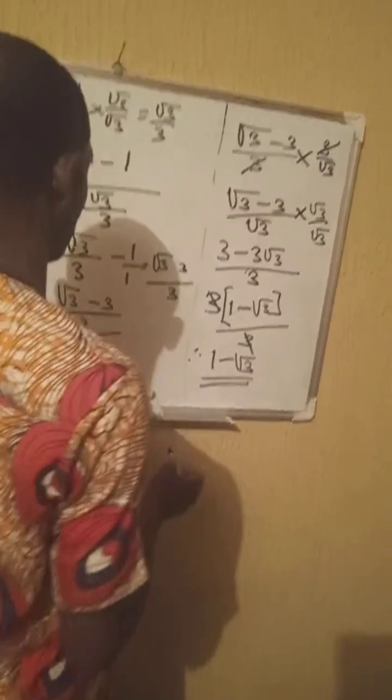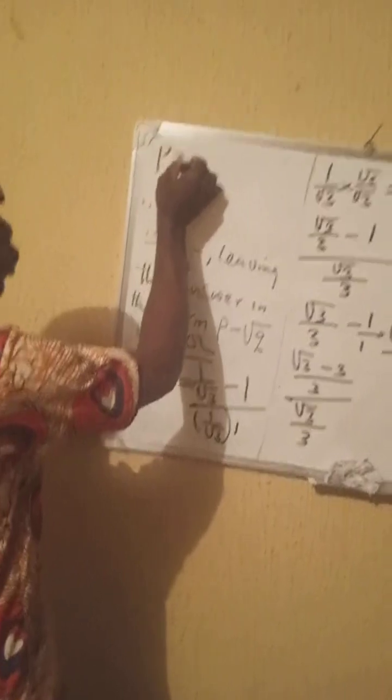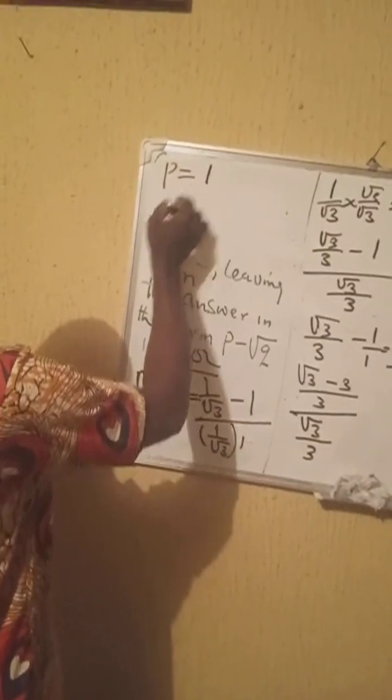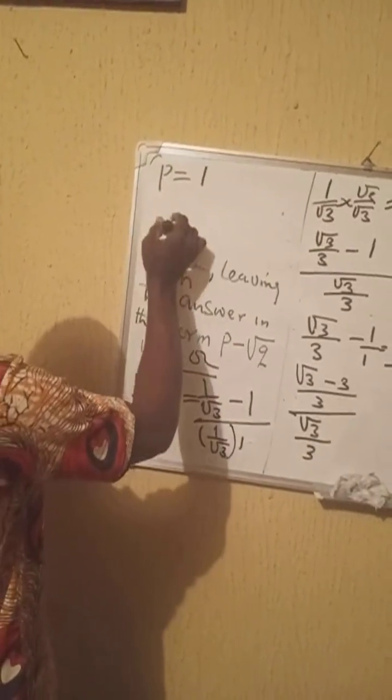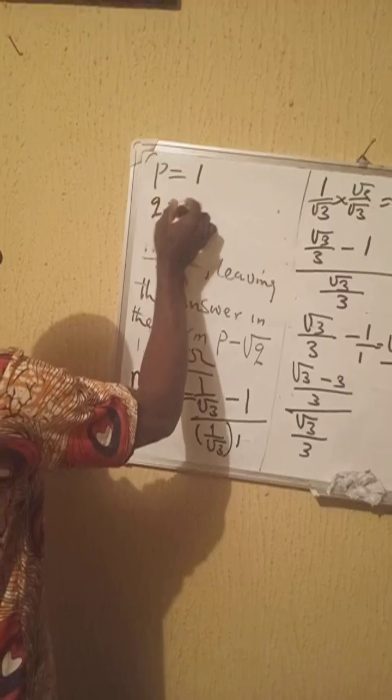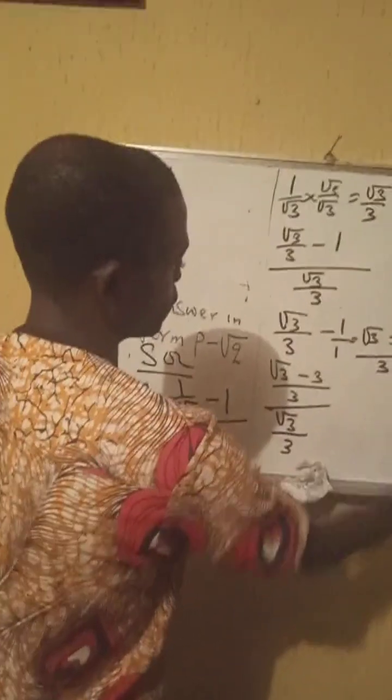So in that question, from the question asked, it means that our p is equal to 1 and our q is equal to 3. So that is the final answer. The final answer is 1 minus root 3.